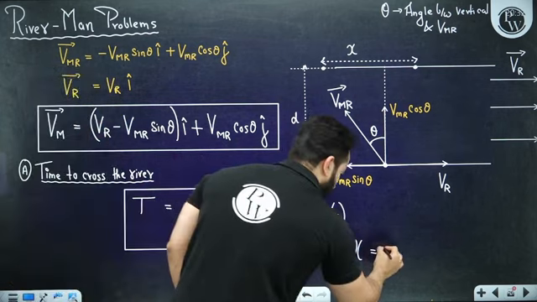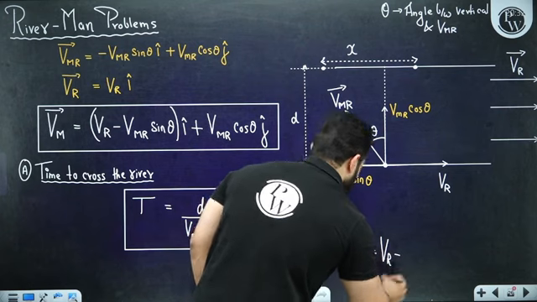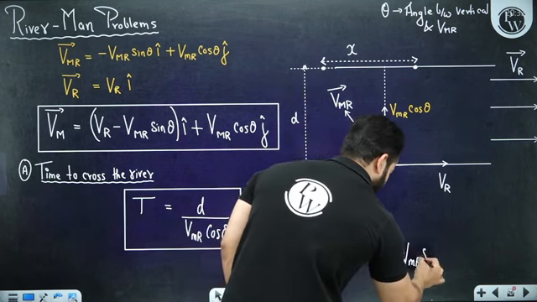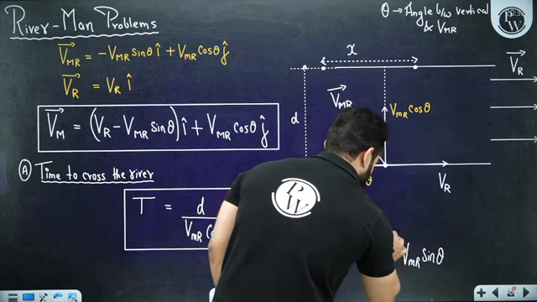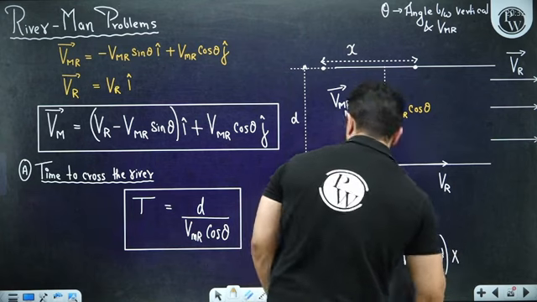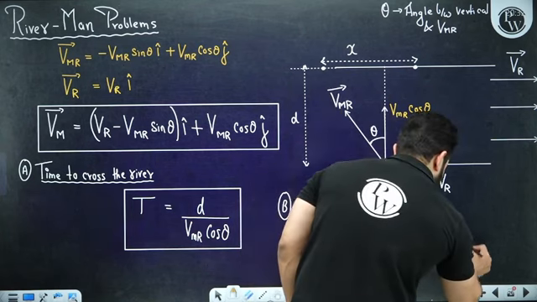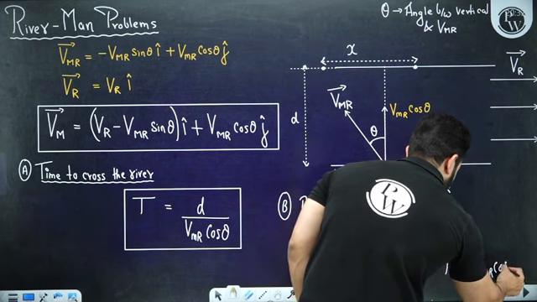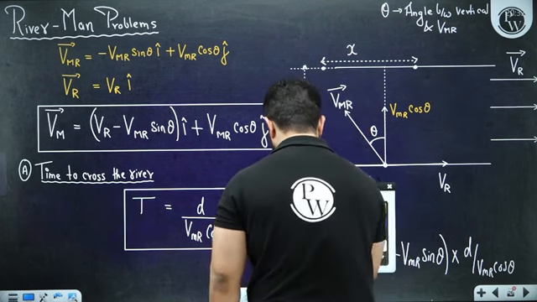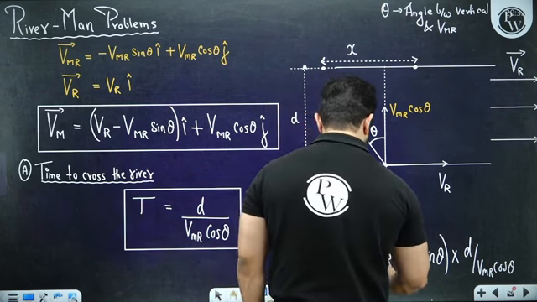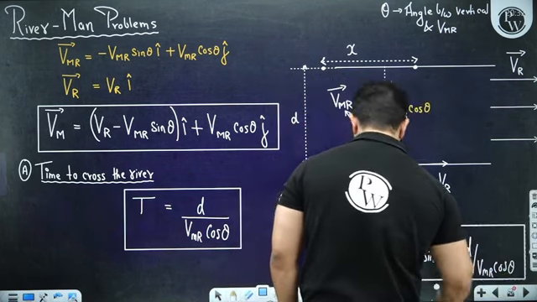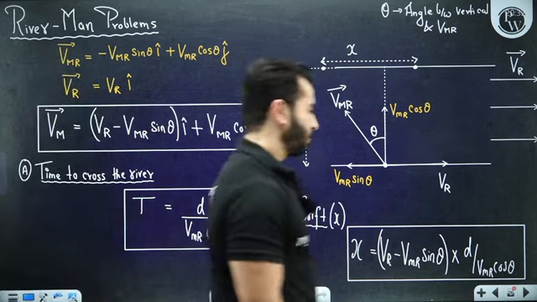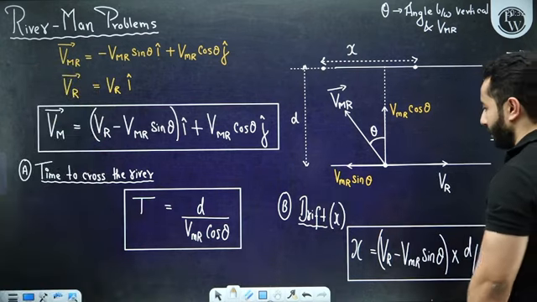So I'm going to write VR minus VMR sin theta times the time, that is D divided by VMR cos theta. Is it clear? Right?